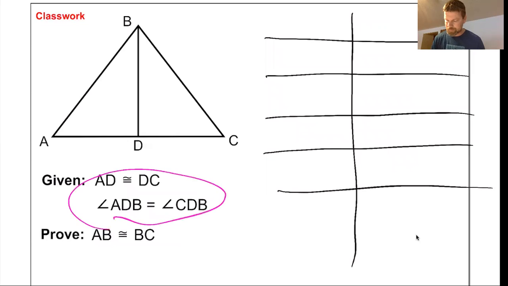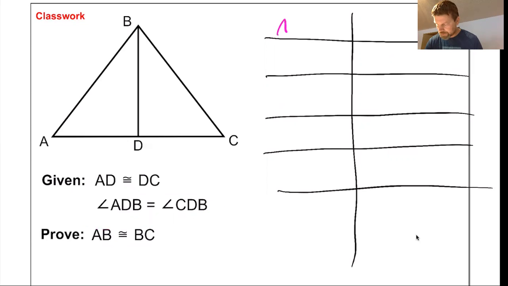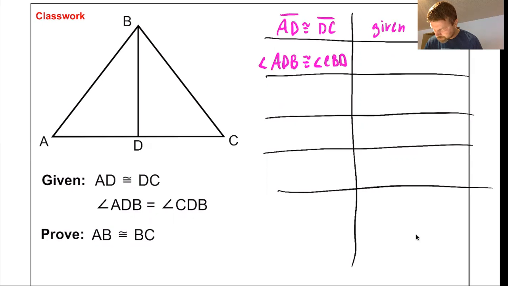I know my givens. So I know AD is congruent to DC. And I know angle ADB is congruent to angle CDB. How did I know those? Because they were given to me. Those were given to be true. Once you write it on the proof, again, it's really, really helpful to mark those things on your picture.